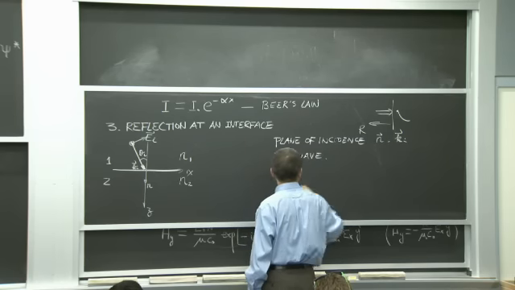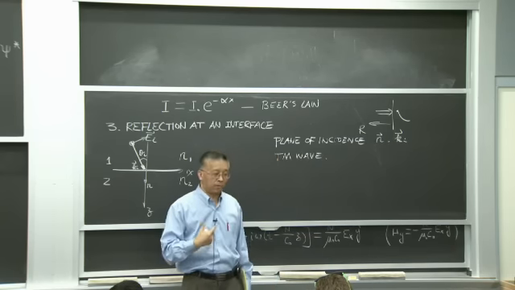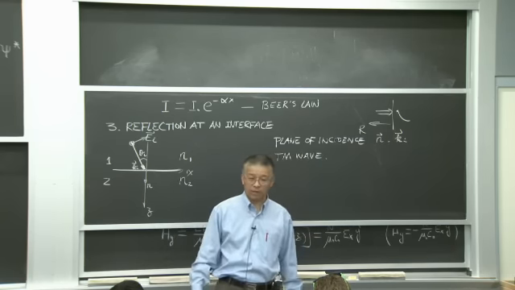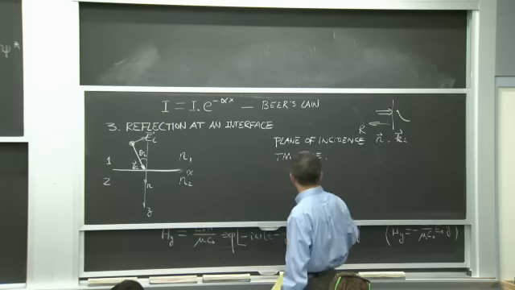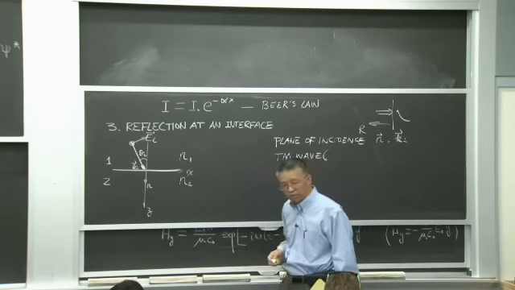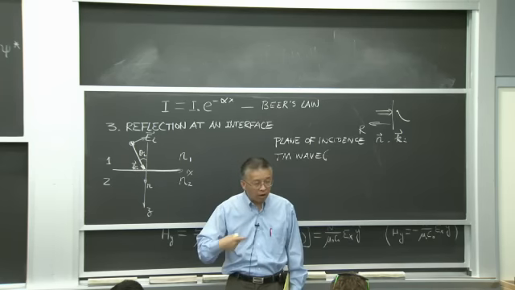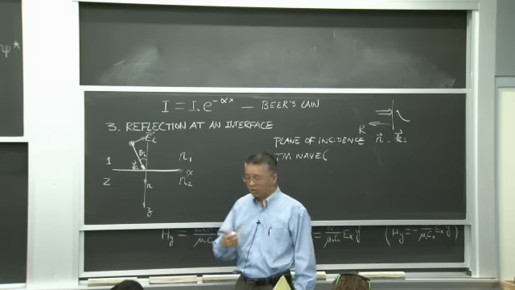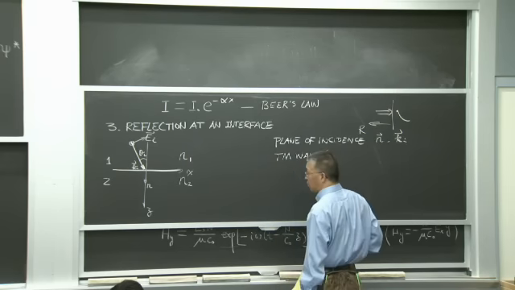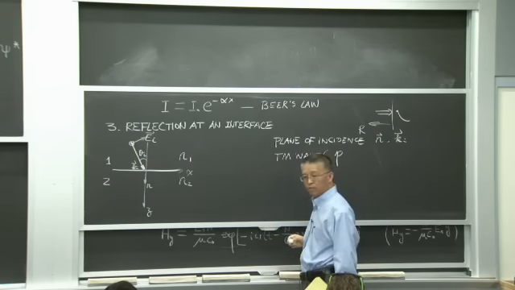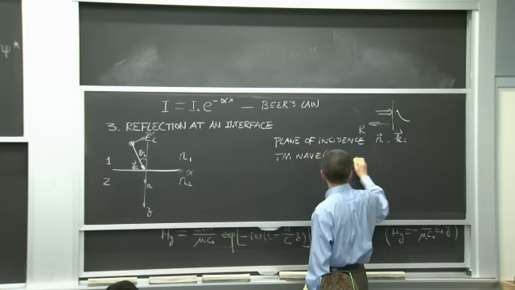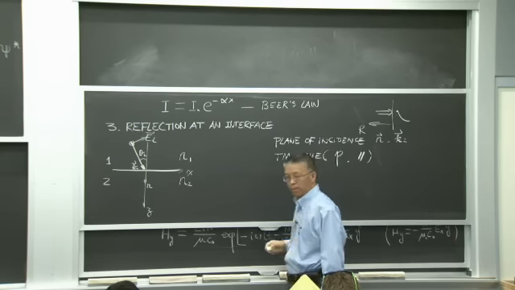That's the magnetic field is perpendicular to the plane of incidence. The other two names are relative to the electric field, which is parallel to the plane of incidence. So you either call it the TM wave, or you call it the parallel P wave, or you use a symbol of parallel.